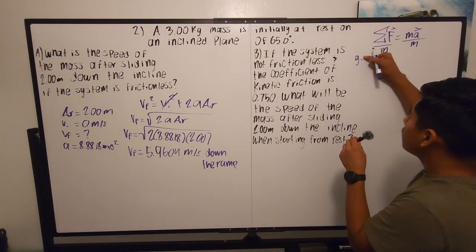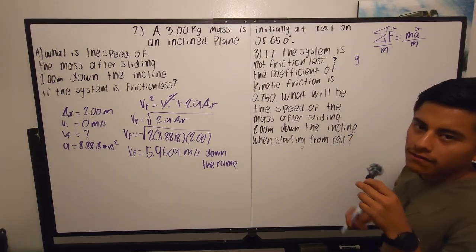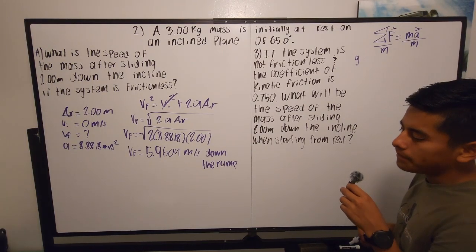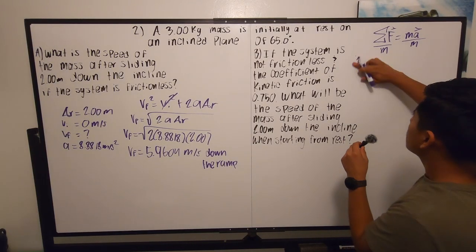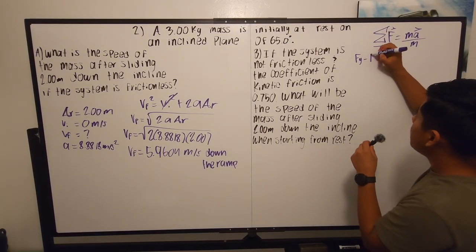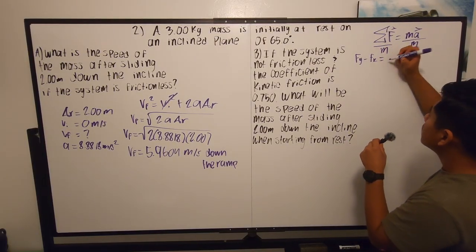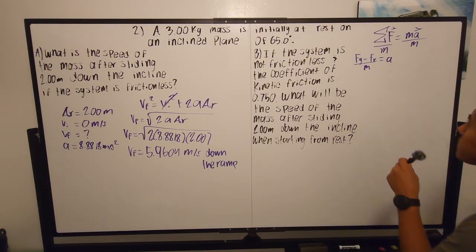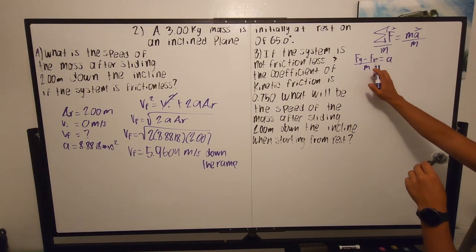And then we're going to have the force of friction in the negative direction because it's going to be opposing our motion. I should have written it like this. The force of gravity minus the force of kinetic friction all over m is going to be equal to our acceleration.